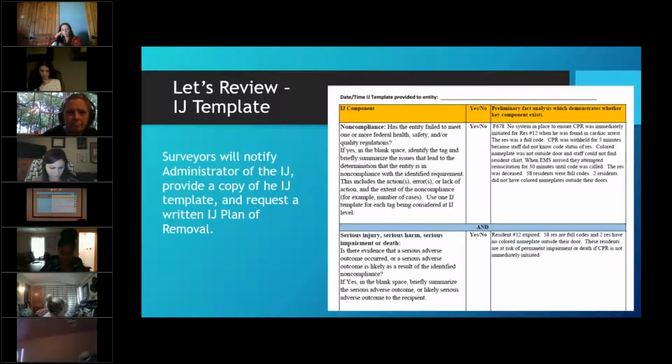Okay, so the survey will give you this template, and it has basically their information. This is the preliminary fact analysis, which puts together the non-compliance. And anyway, they're going to request a written plan to remove that IJ, to make it not be an immediacy for them, okay?